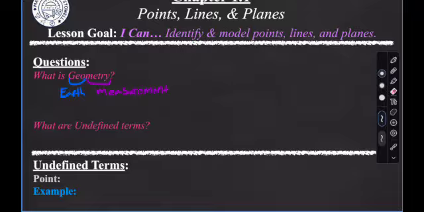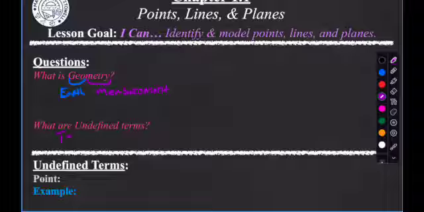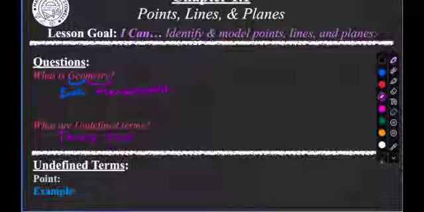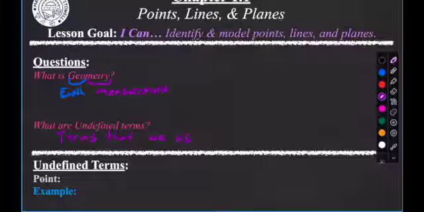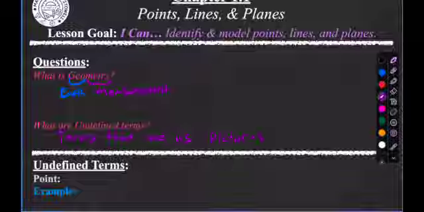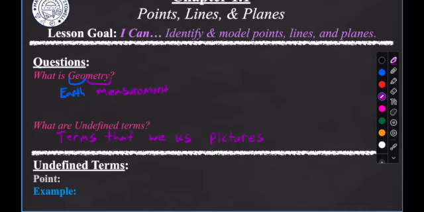So undefined terms are terms or ideas that we use pictures for, or they're so easy to see that they don't need an explanation.